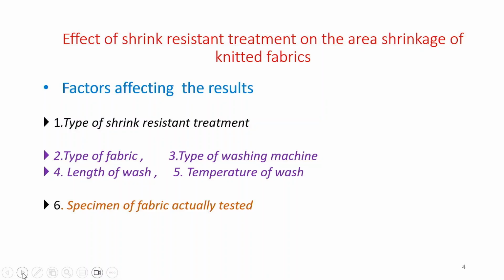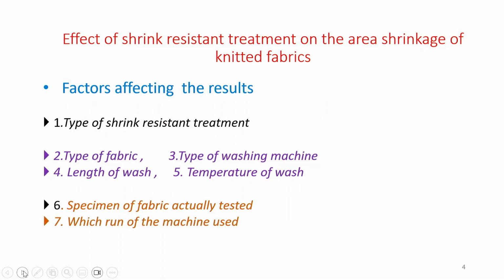If I have a roll of fabric, then exactly which specimen, which part of the fabric was chosen for performing shrink resistant treatment, and then once the treatment has been given, are we biased in choosing the specimens from the treated fabrics? That can also affect the results. So specimen of the fabric actually tested can also affect the results.